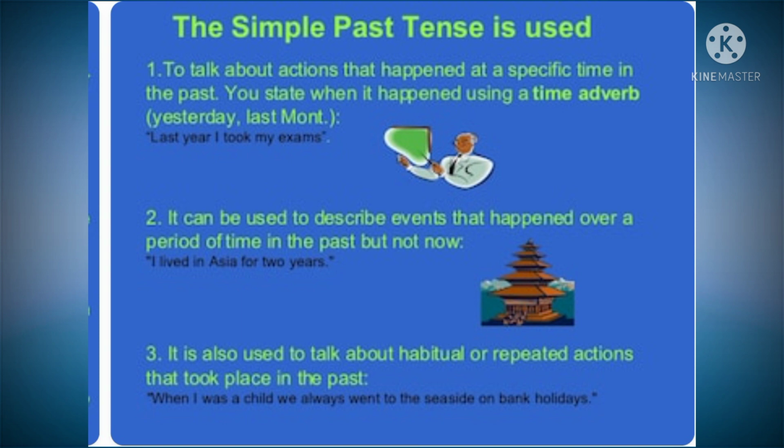Okay, so here this was a habit that we continued in my childhood. So if it is a repeated action at present, we can use simple present tense for habitual actions. If the habitual action happened in the past, we use simple past tense.